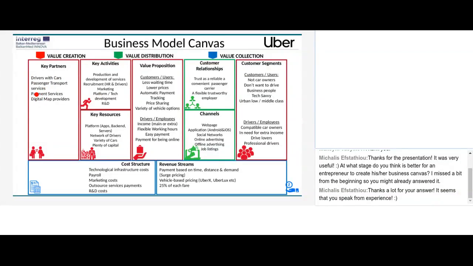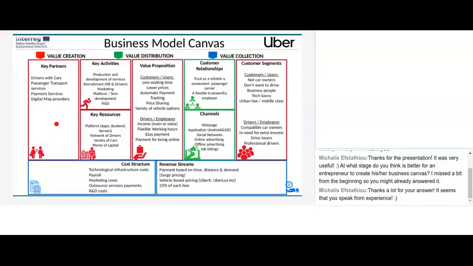Payment services providers: they collaborate with MasterCard and Visa. Before they used to collaborate with PayPal, but that's not the case anymore. Digital map providers such as Google, Michelin Maps, Here Maps, Garmin Maps, you name it. So this is the value creation of Uber.